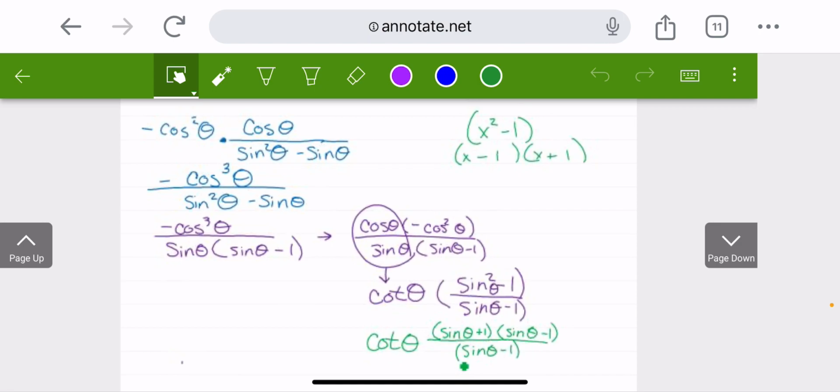What happens in the fraction? The sine theta minus 1's cancel out. Get rid of that denominator of grossness. I know, there's a lot.